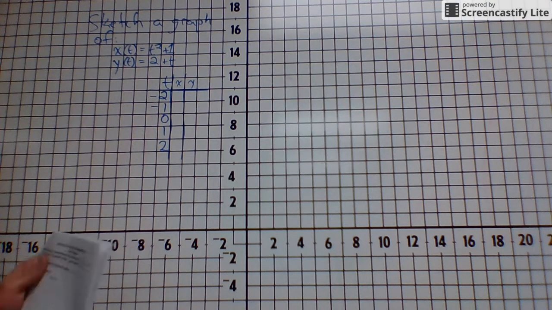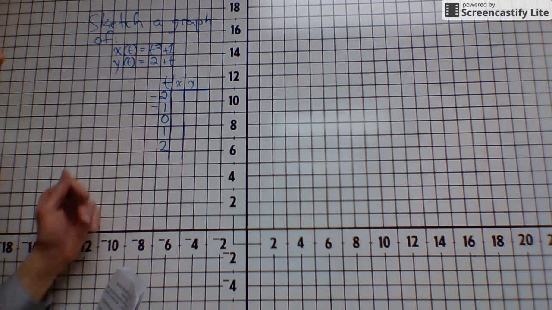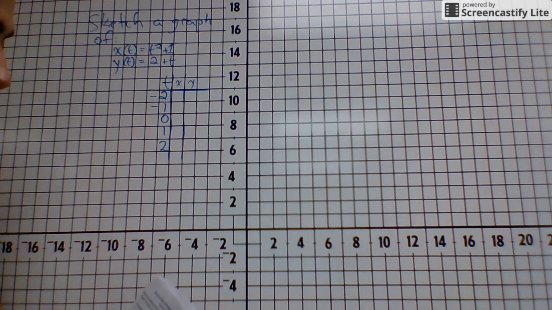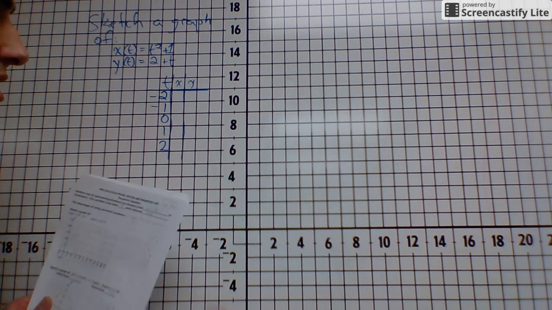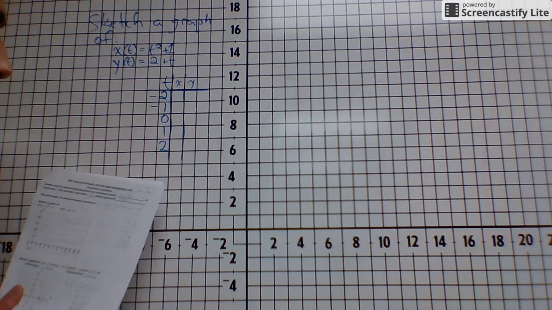I would suggest that you use these 5 values for t in situations where you're not given a set of values for t, which is what we have in the next problem. There, we're given the set of values for t.